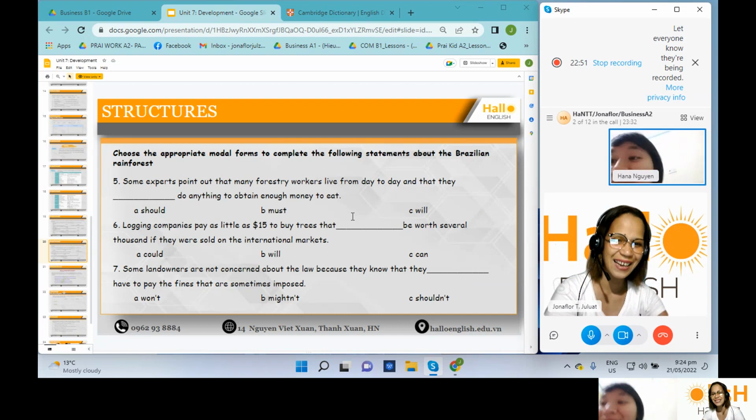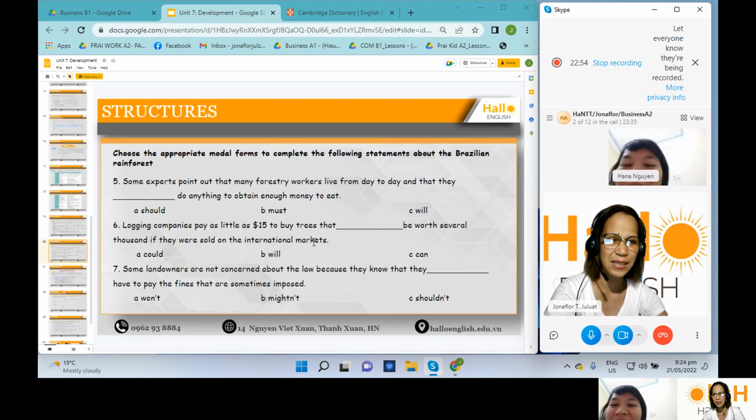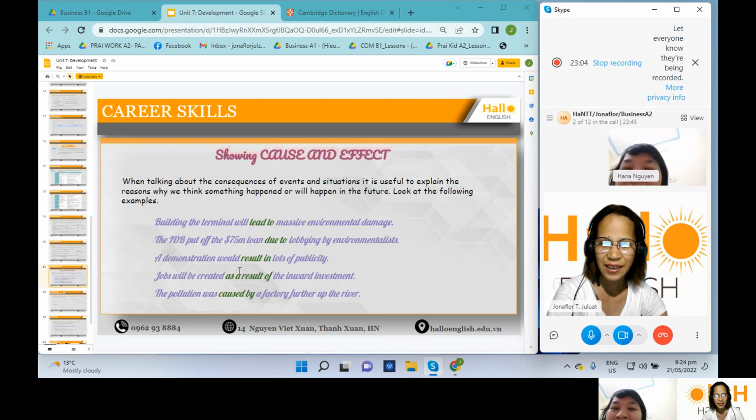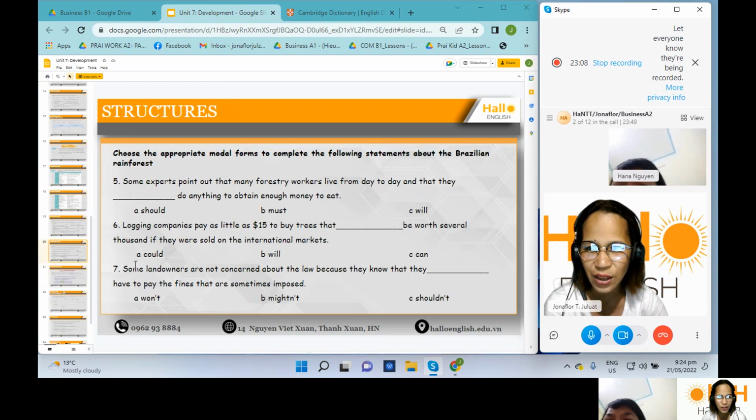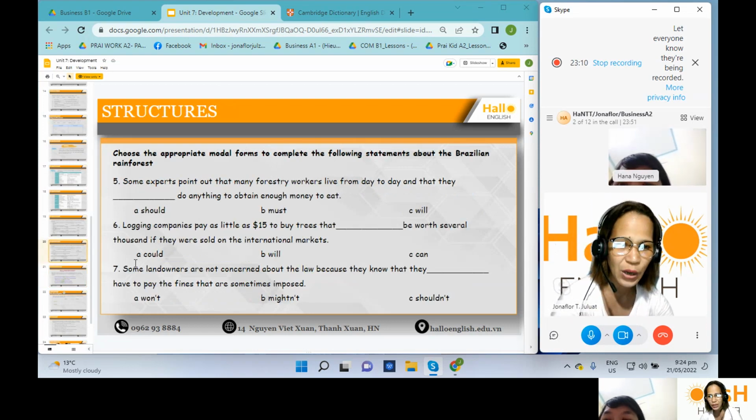The possibility, right? Yes, possibility, but in negative structure. So that's all for modal verbs.